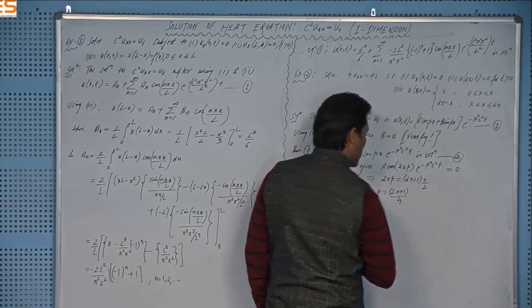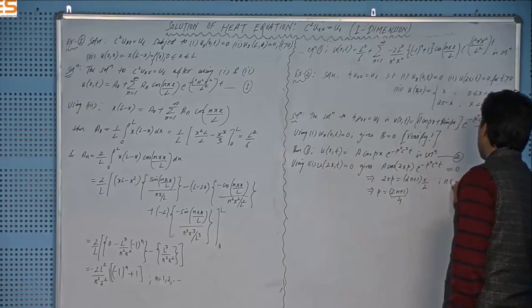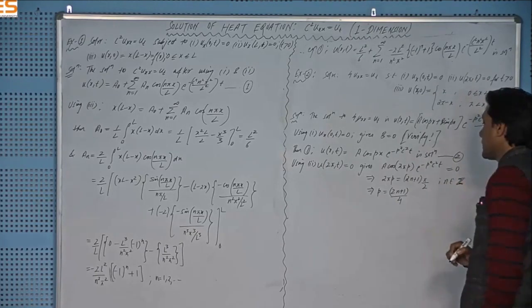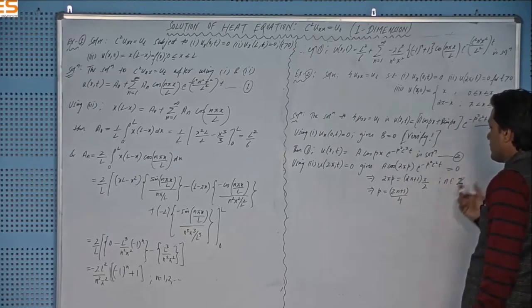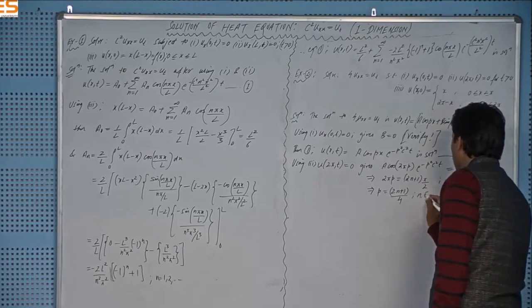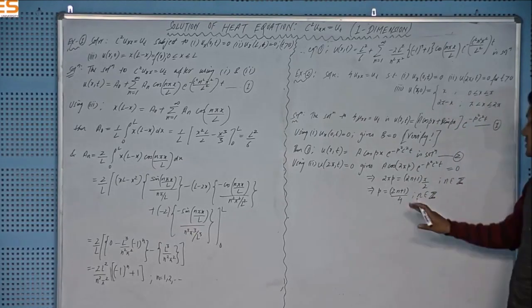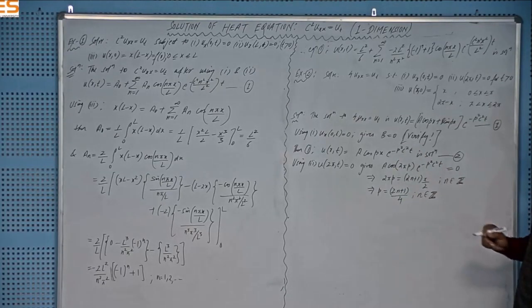And n is obviously an integer, and that is reduced to n by 2 plus 1 by 4, and it belongs to Z. Then I will plug this p in my last solution.